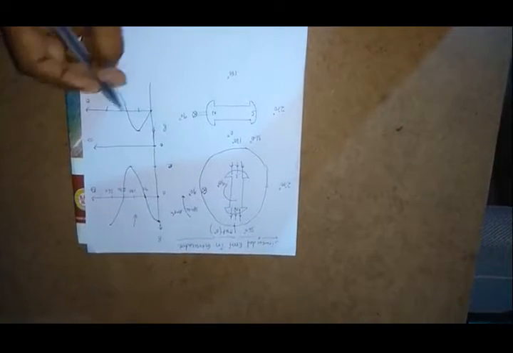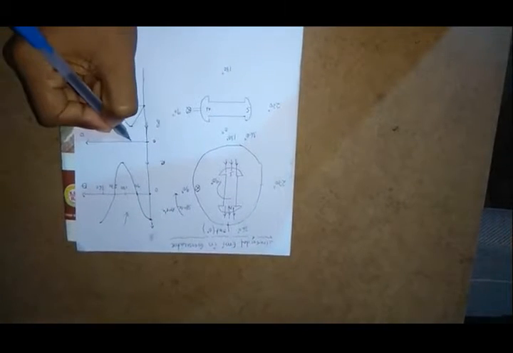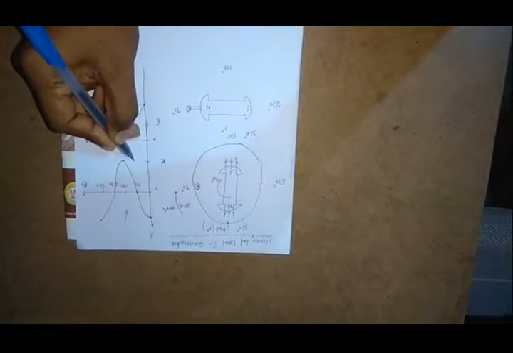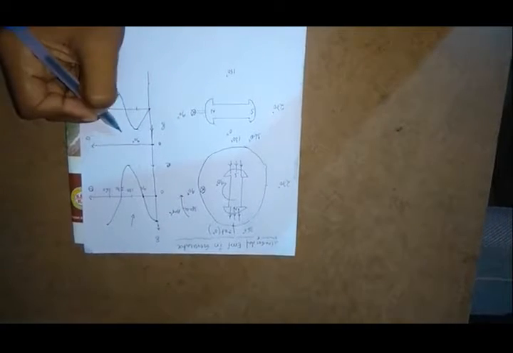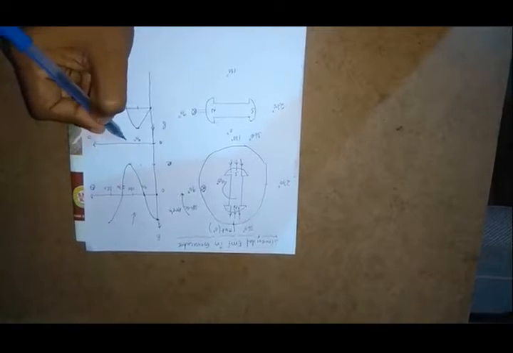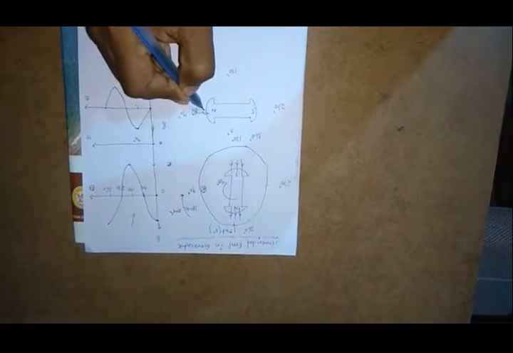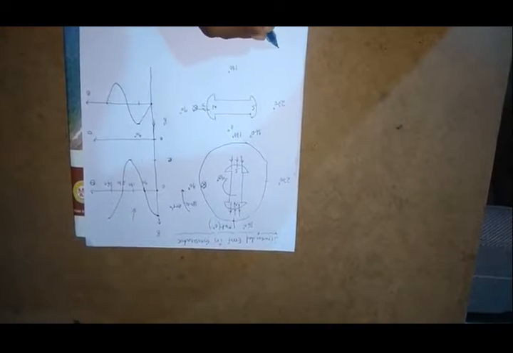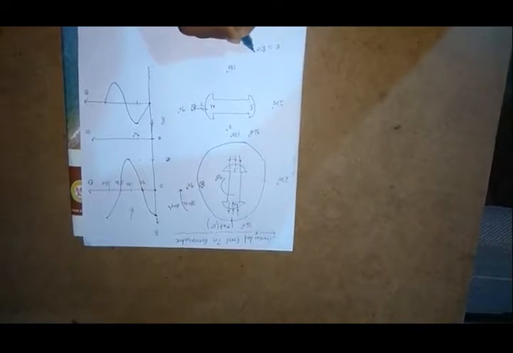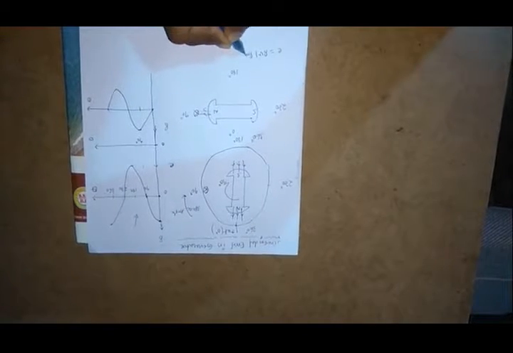Now what about the generation of the EMF? The EMF generation will be maximum at 90 degrees because there is maximum flux density at the conductor. So how this is happening is E equal to BVL sin theta.